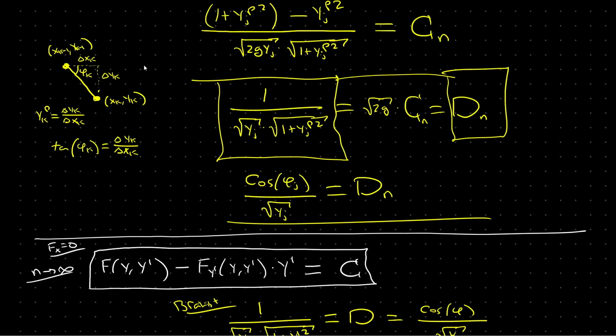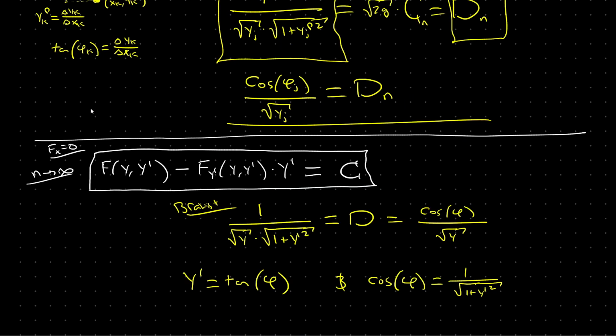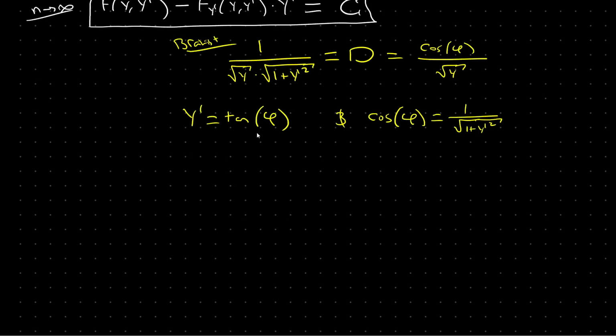It turns out that the better angle to use here, which is a little bit nicer, is not this phi k, but this angle right here, which I'll call psi k. In the limit, psi k becomes just psi of t, and this is phi of t.